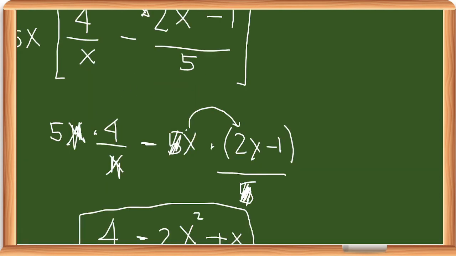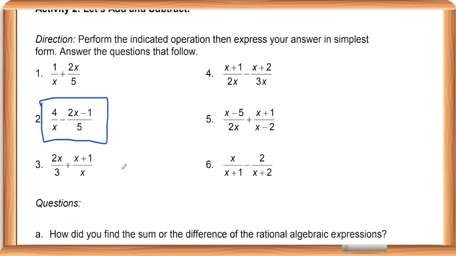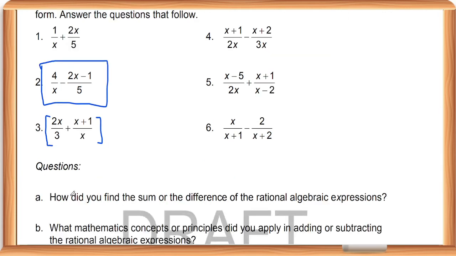Okay. Do you understand? Do you have any questions? So here, I will ask you, what do we multiply here to get rid of the denominator? In number 3, can you see it clearly? Okay, in number 3, what do we multiply to get rid of the denominator? 3x. Okay, 3x. Thank you very much, Balong.